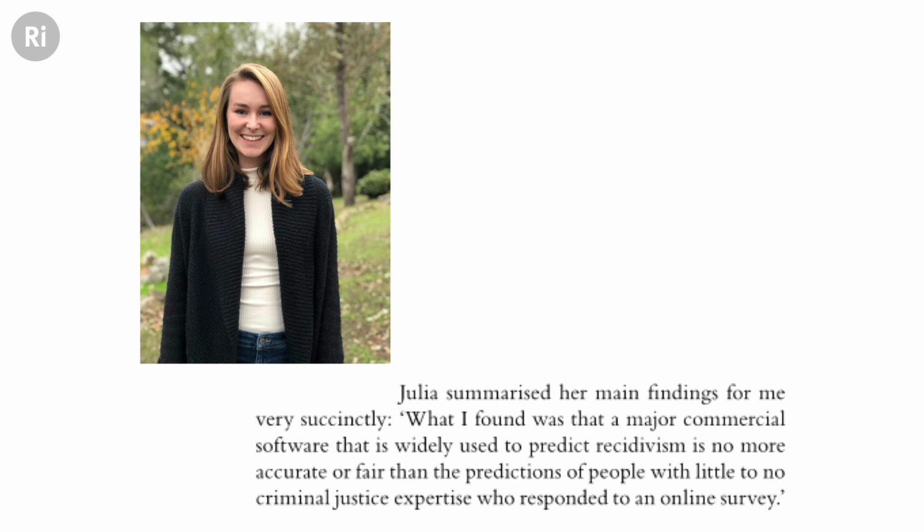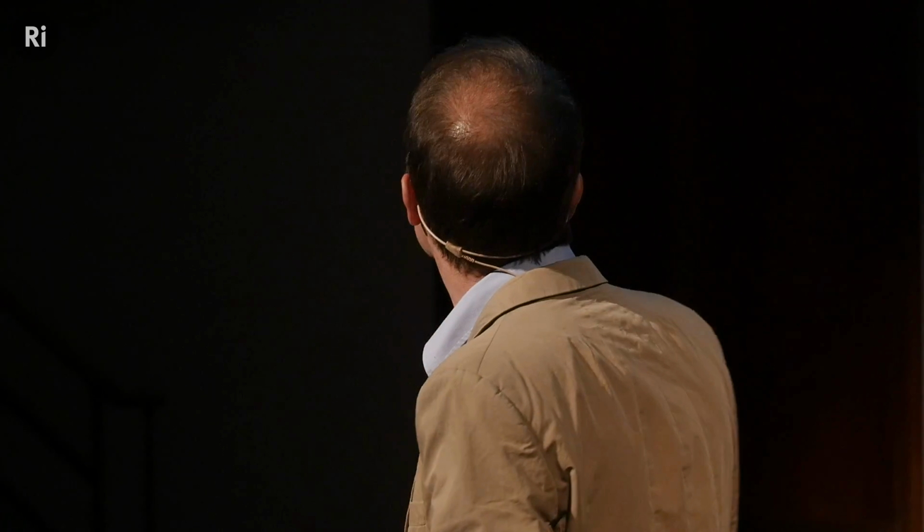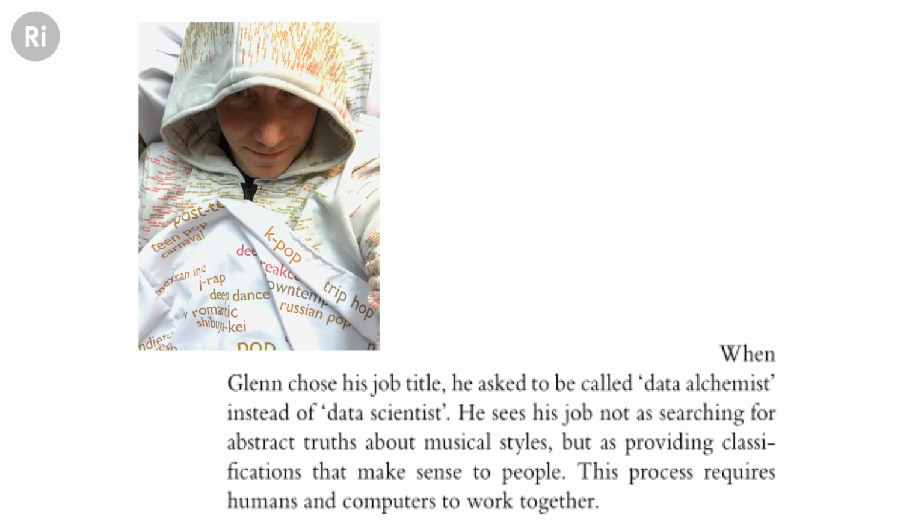She said, what I found was that a major commercial software that is widely used to predict recidivism, that's reoffending, is no more accurate or fair than the predictions of people with little to no criminal justice expertise who responded to an online survey. So this sophisticated computer model was no better than a bunch of randomly recruited Mechanical Turkers who were paid $1 to do this task.